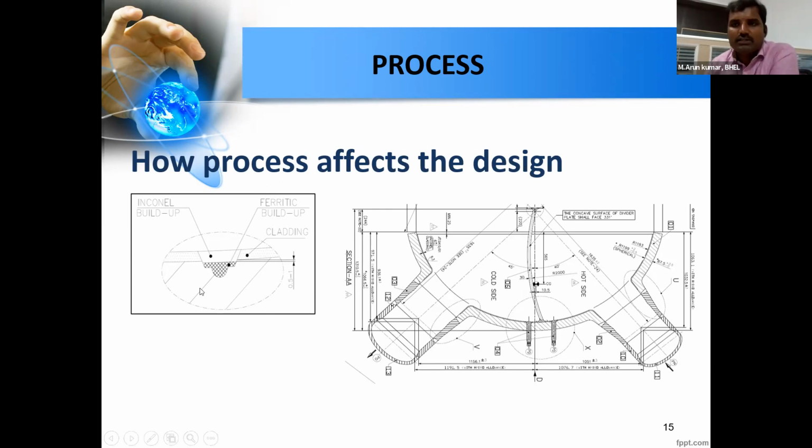This issue we have resolved ourselves. Here we have taken a wider groove near the actual repair groove.